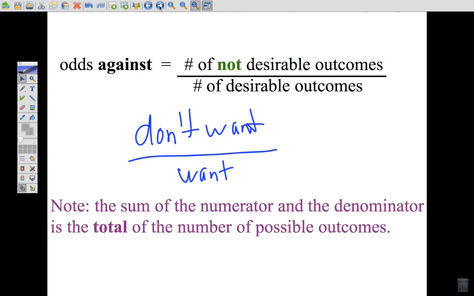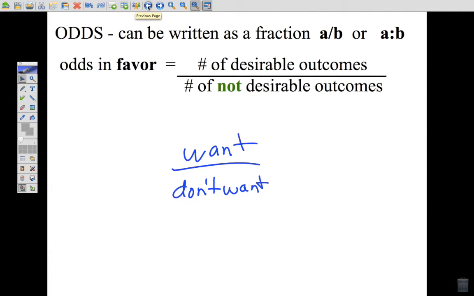Note that the sum of the numerator and the denominator always sums to the total number of possible outcomes. On that 6-sided die, there are 6 possible total outcomes, the numbers 1 through 6. My example was odds of rolling a 3. Well, there's 1 three on the die. There's 5 sides that are not 3s.